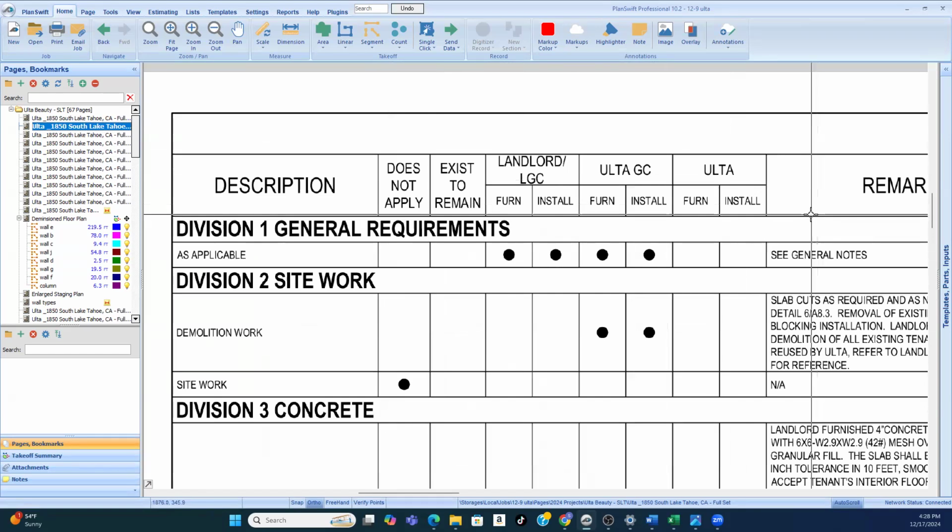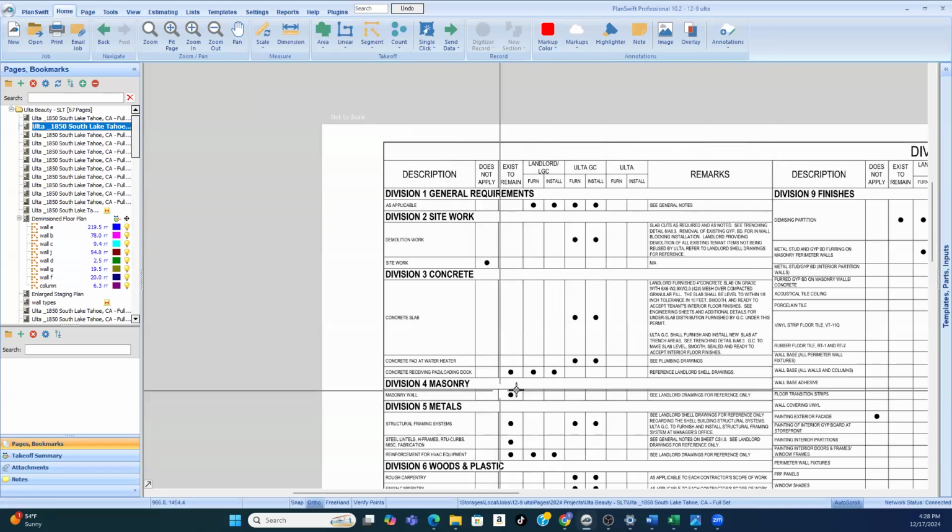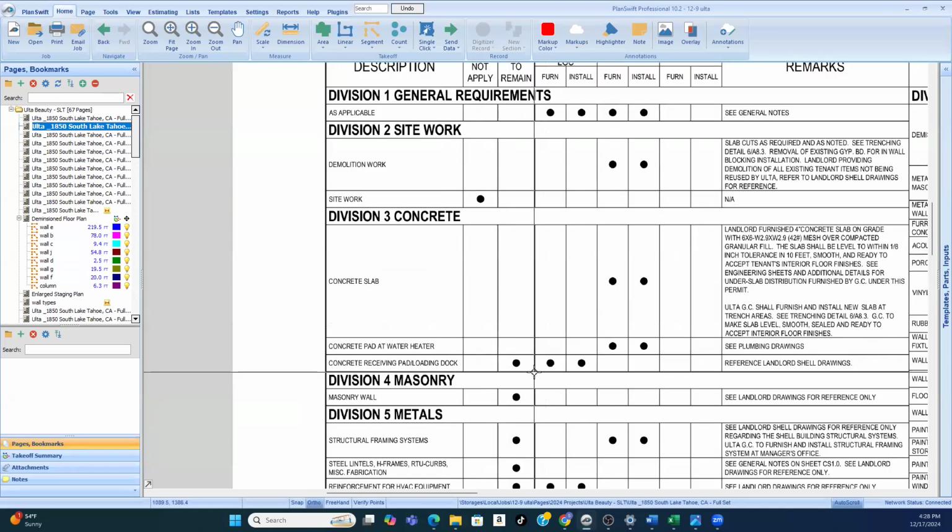So if you're an electrician, whatever, you need to be looking at this first, because the owner or the landlord may be furnishing a whole lot of your material and that takes a big strain off of you. And so make sure you're always looking at the responsibility schedule so you'll know what portion of the material you'll be providing or they'll be providing, and who's installing.